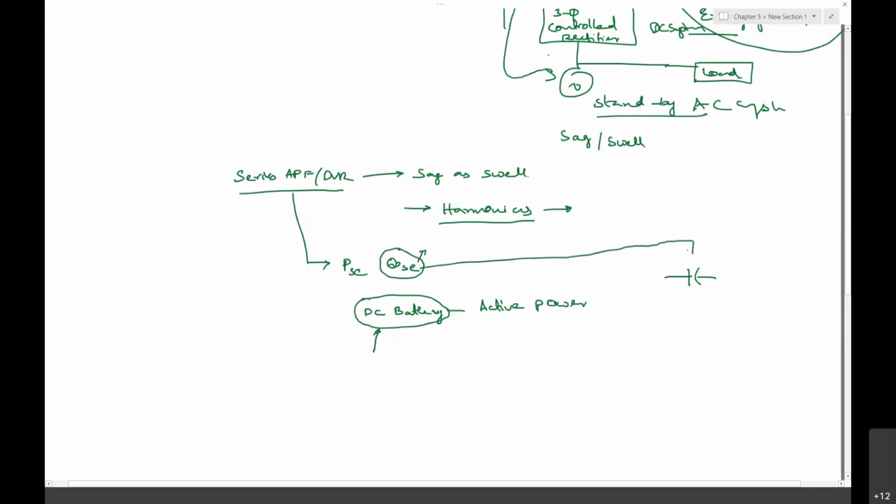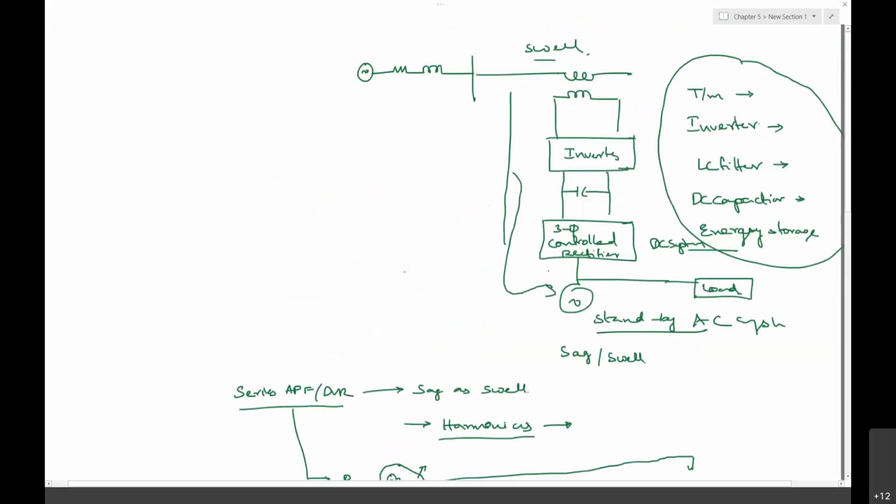The reason is that the reactive power is not consumed by any kind of element, because the reactive power oscillates from this particular point to the load and again back to this point. It is an oscillating power, not a utilized power.